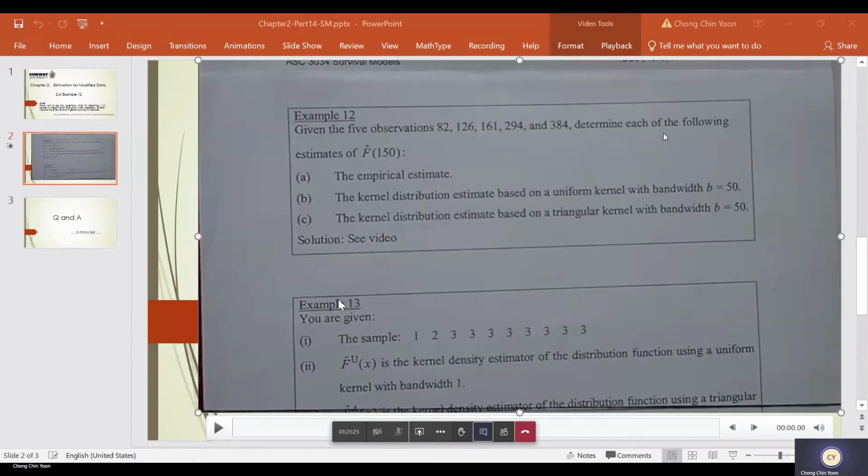Okay. Let's continue our lecture to this example 2. So last week we have studied how to calculate the PDF and also the CDF and the smoothed kernel distribution or smoothed kernel density.